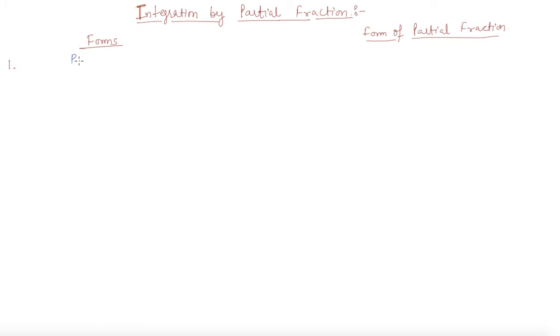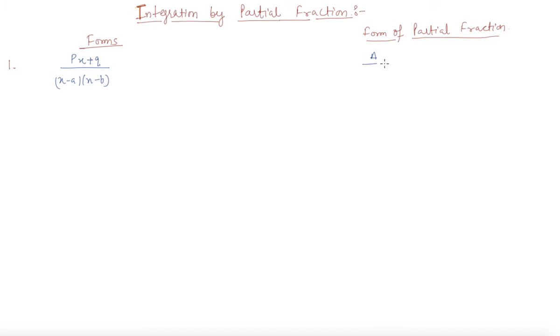So let's say the question comes in the form like px plus q over x minus a into x minus b. So this is the rational fraction which we get, and partial means we divide this rational fraction.